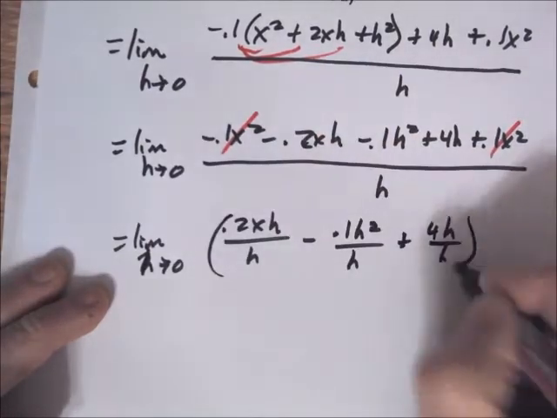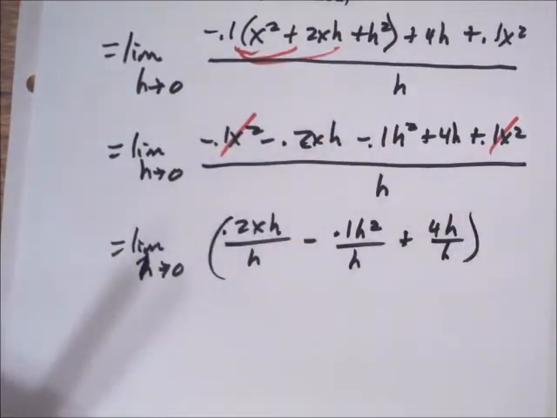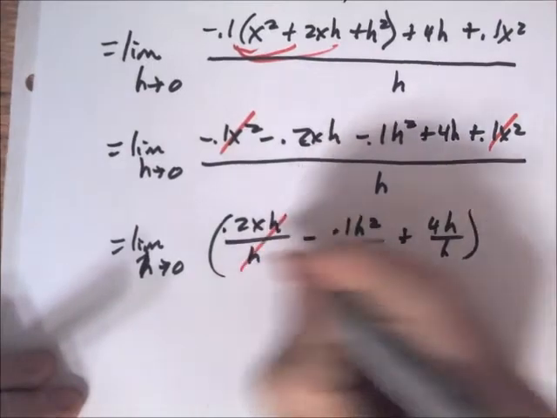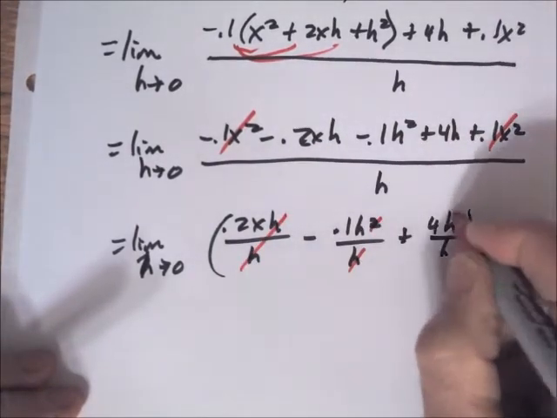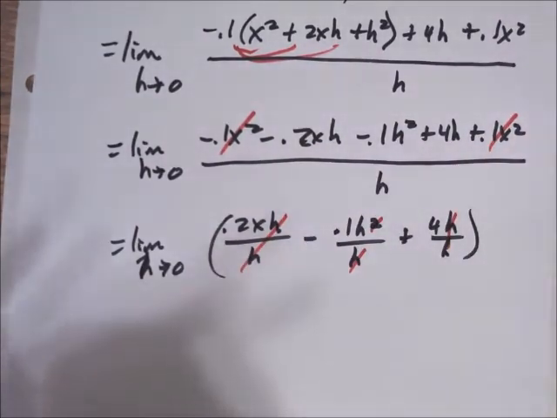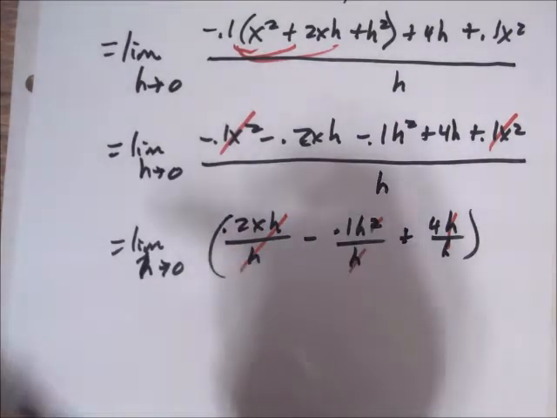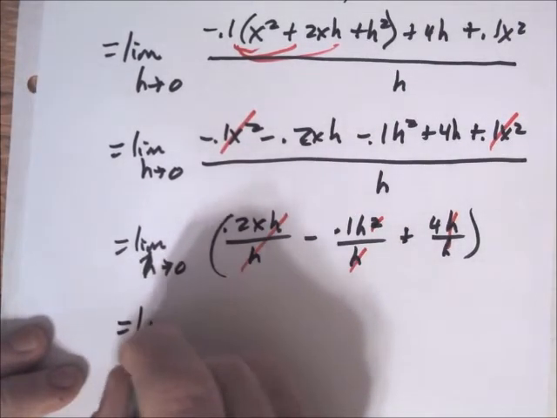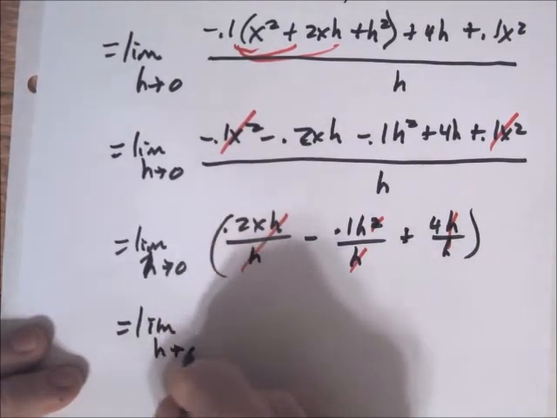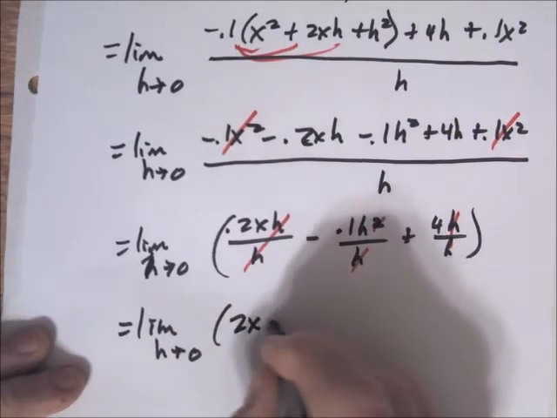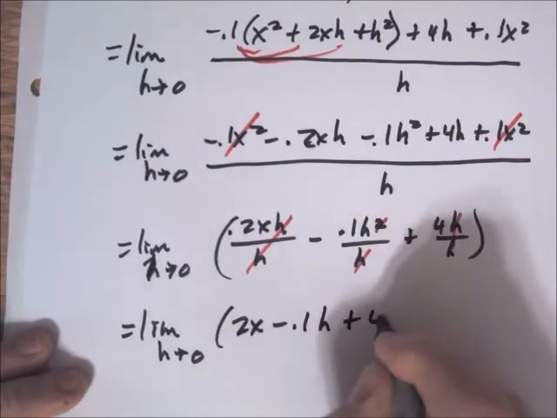The h's will cancel, and that'll give us the limit as h goes to 0 of minus 0.2x minus 0.1h plus 4.